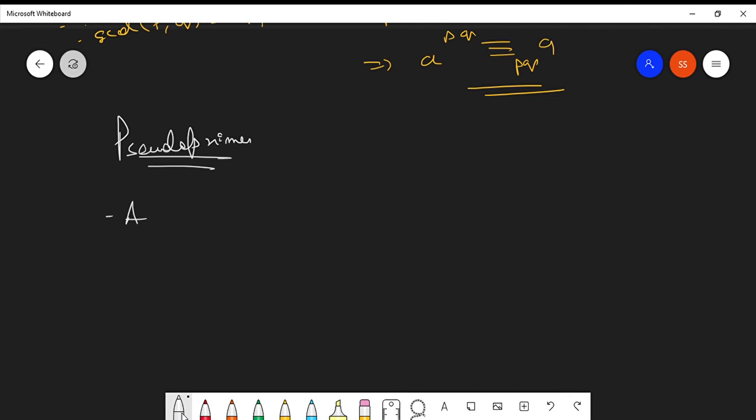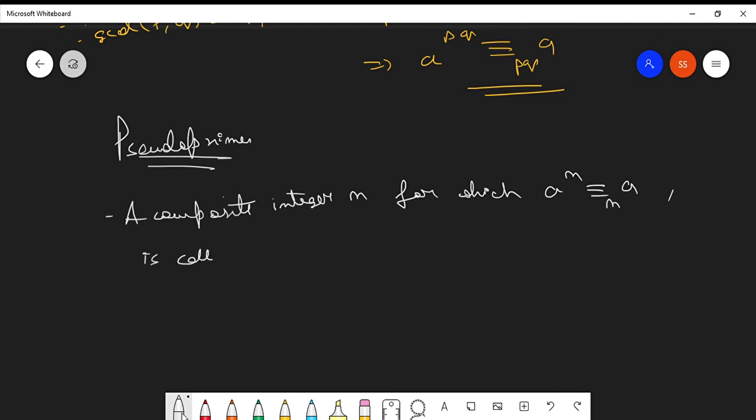So a composite integer n for which a to the power n is congruent to a mod n, okay, is called a pseudo prime to base a.